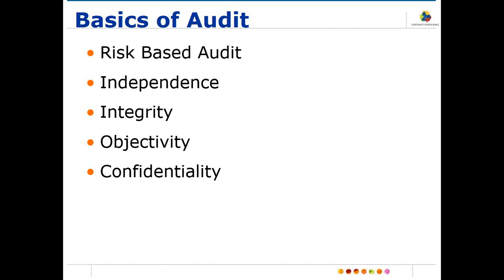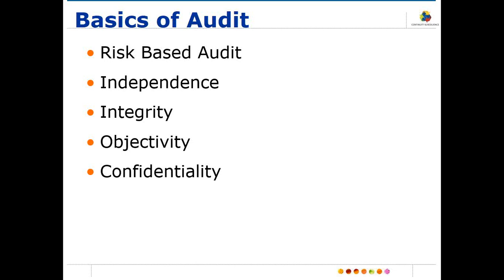For example, I go and audit one particular department of a firm or a company. I find out some personal details of an employee during the course of the audit. As an auditor, I need to maintain the secrecy of that information and not disclose it to anybody else.